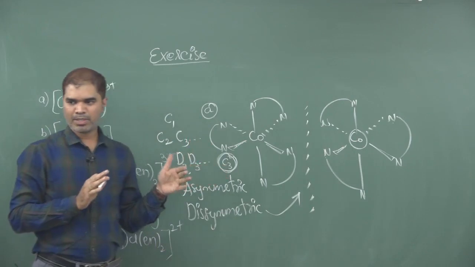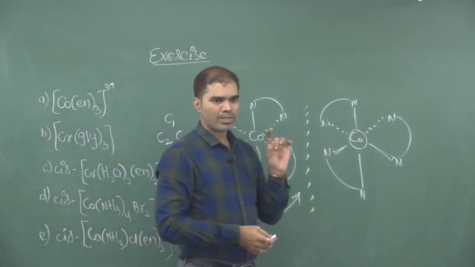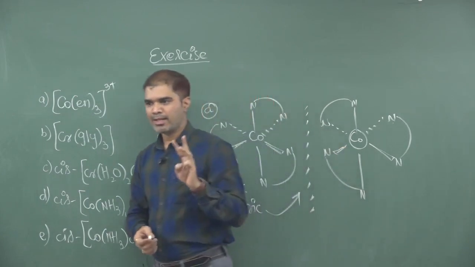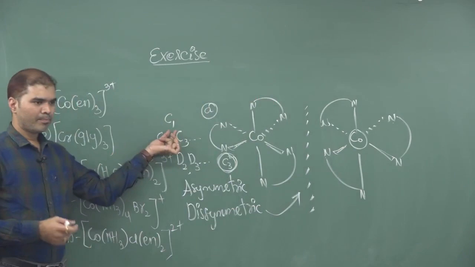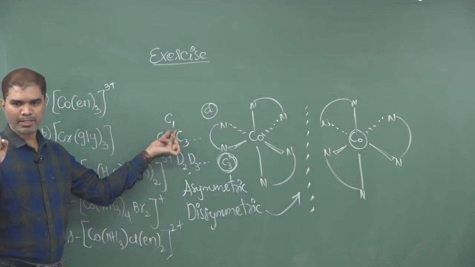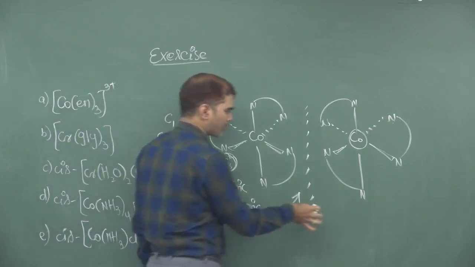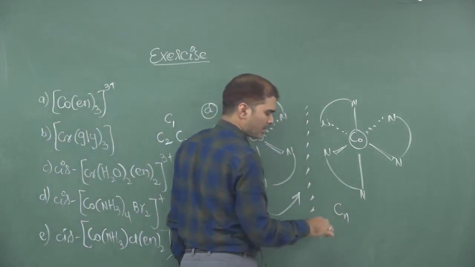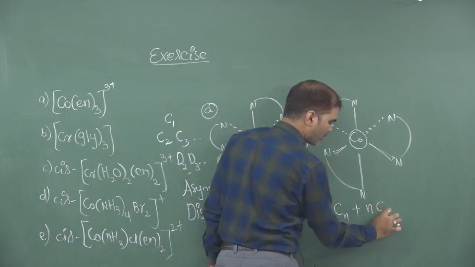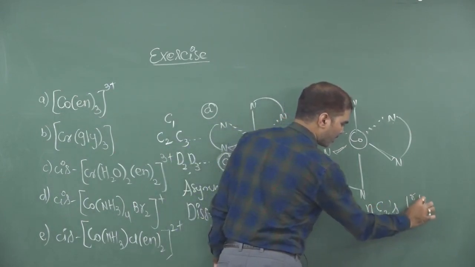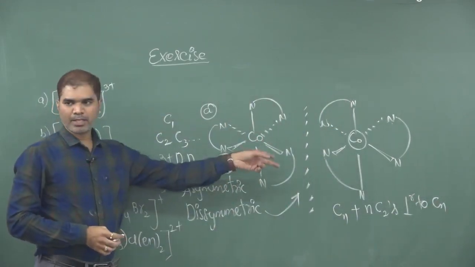This concept is not required for you, but just remember two points. Any molecule that belongs to C1, Cn, Dn is optically active. What is Cn? Only one rotational axis will be present. What is Dn? Dn means there will be one rotational axis Cn plus n number of C2s perpendicular to Cn.